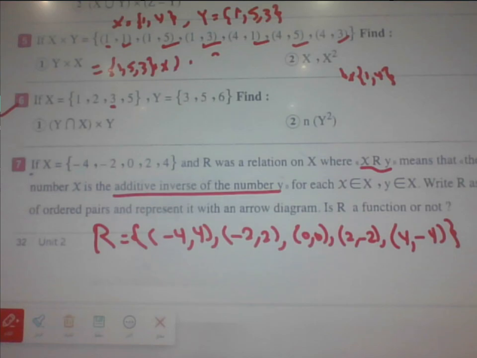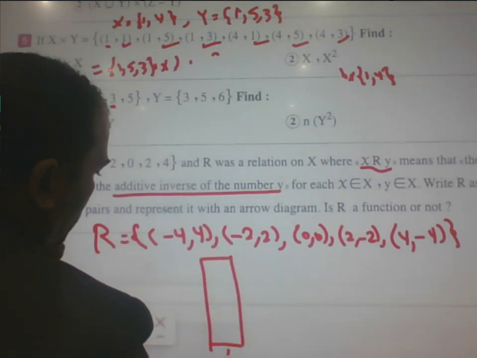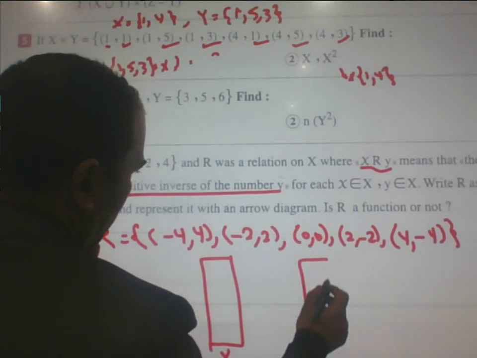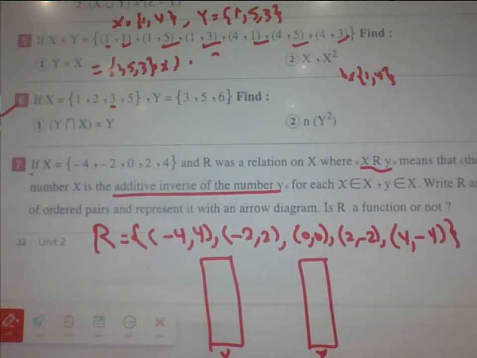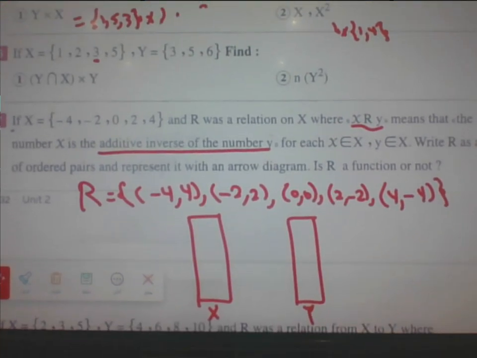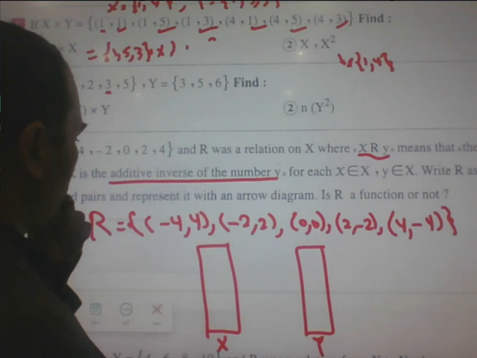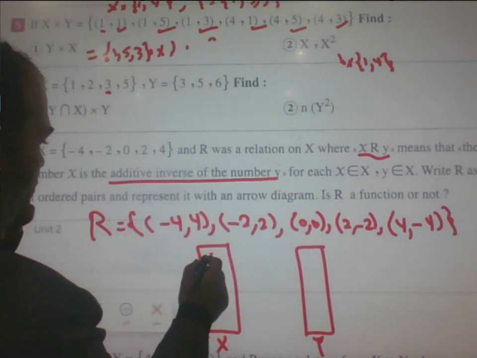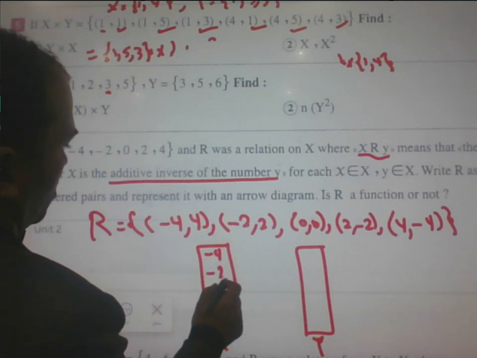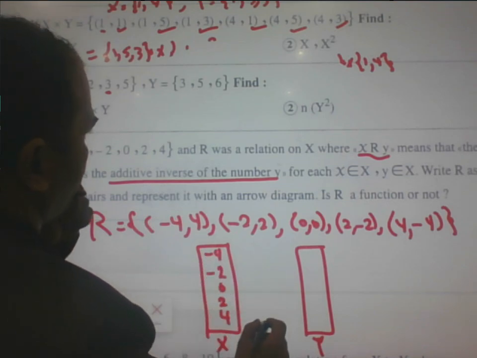And represent it with a diagram. We can draw here the first set and the second set, X and Y. We can write the relation between them together. We call it a function, relation function, because each element in X has only one image in Y. Here, the elements of X: negative 4, negative 2, 0, 2, and 4.